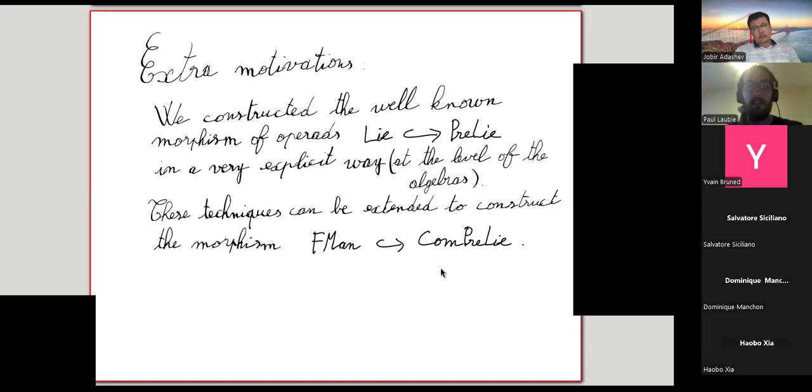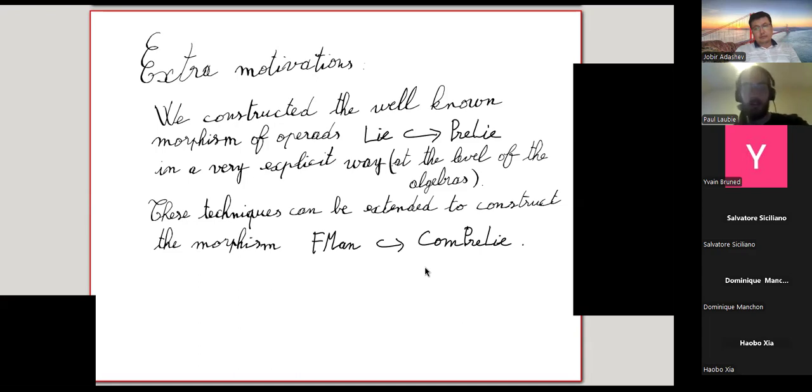And in fact, those techniques can be extended to construct the morphism from the F manifold operad to the commutative pre-operad. So I did not define those operads, but a good way to think about the F manifold operad is the following one.